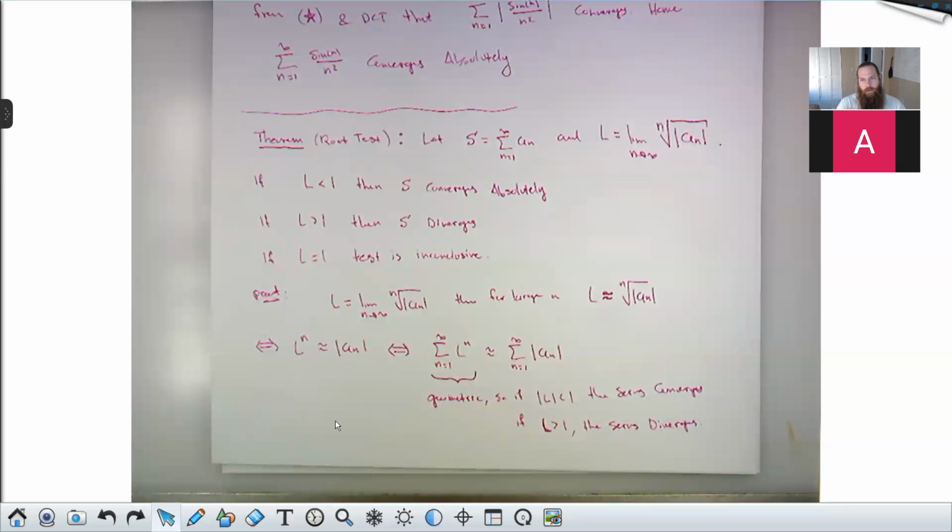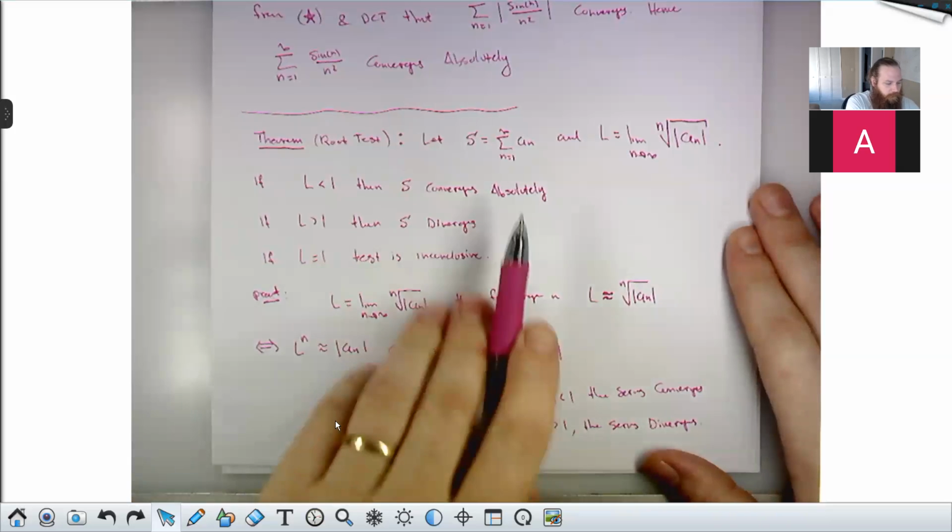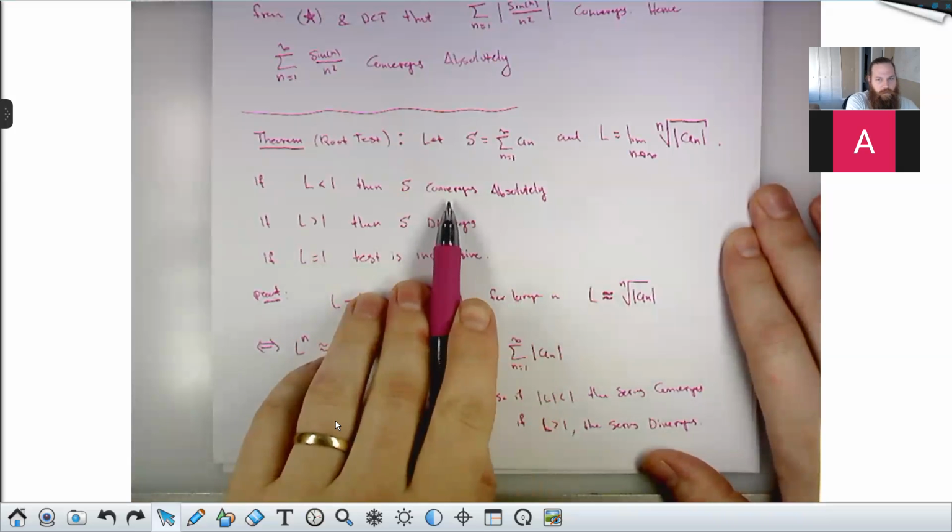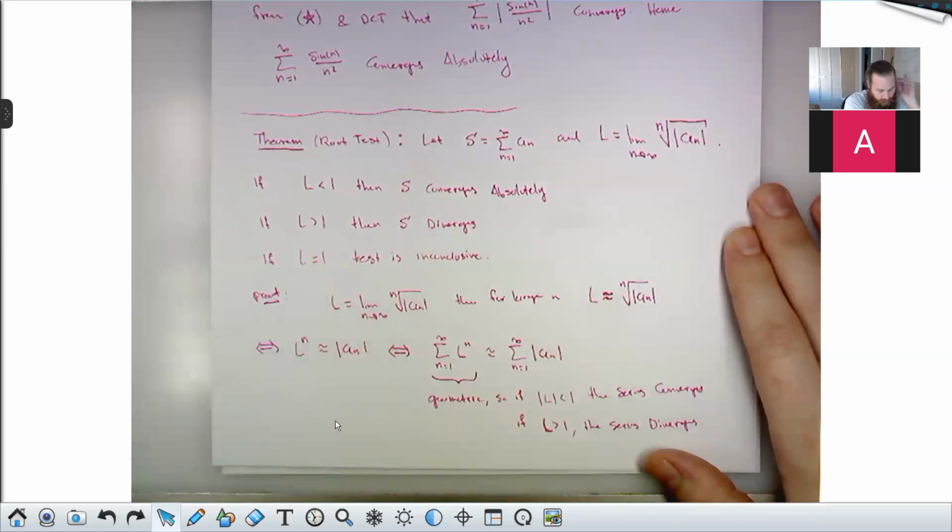If you apply the root test to a geometric series, L will come out to the common ratio. If you apply the root test to a non-geometric series, then L will come out to the closest concept to a common ratio for that series. So if L is small, then the series will converge, and in fact, the convergence is absolute. It's a super powerful test, because not only does it tell us that the series converges, it tells us that the series converges absolutely, which is nice.